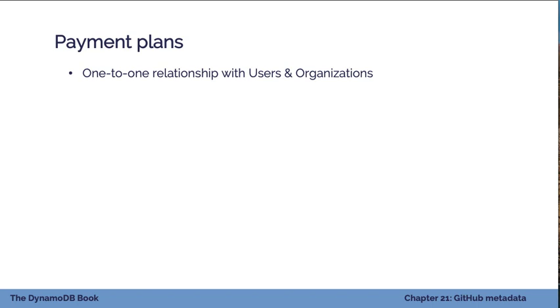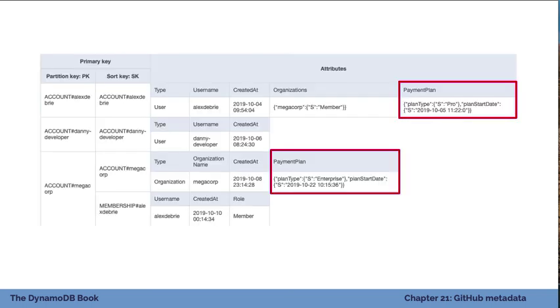A second thing you might do is if that related entity had a lot of attributes, a lot of data attached to it, and you didn't want to fetch it every time and pay that read cost for getting that related entity, you might split it out into a different item that way. But neither one of those are really the case here. So we're just going to attach it directly to those user or organization entities.